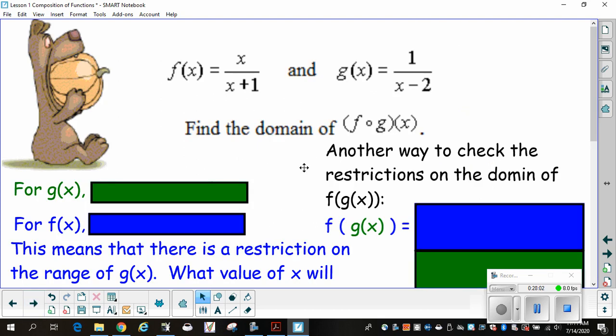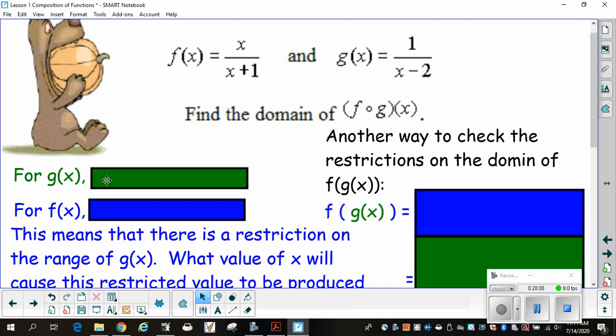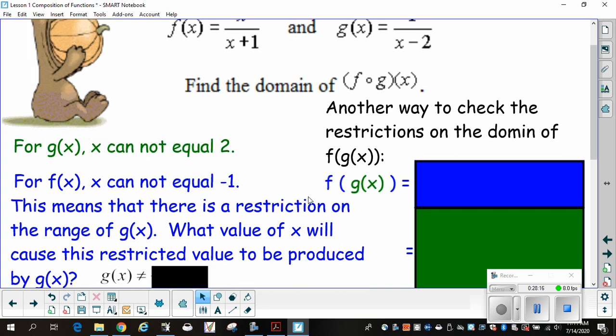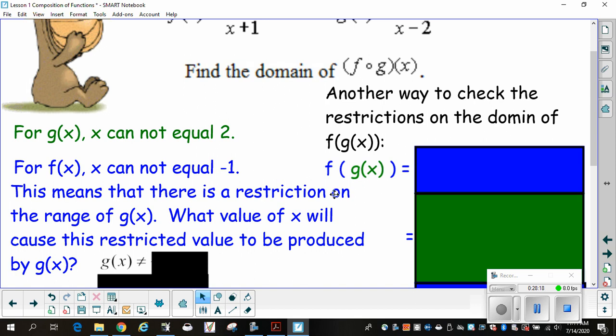Now, find the domain of f of g of x. So, g of x cannot equal 2. f of x cannot equal 1. This means there's a restriction on the range of g of x. What value of x will cause the restricted value to be produced by g of x? g of x cannot equal negative 1.